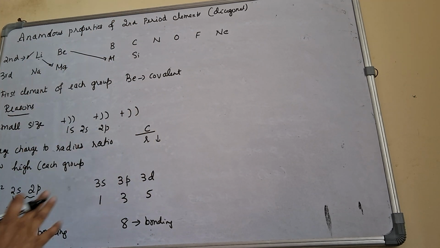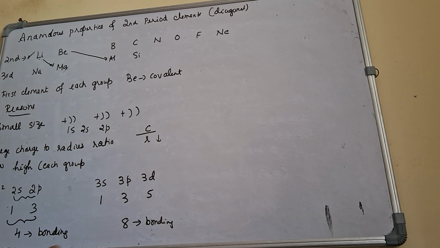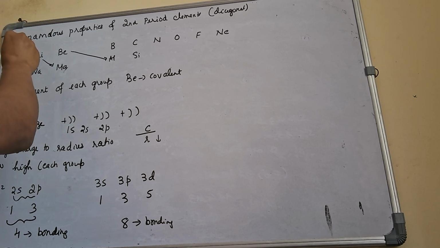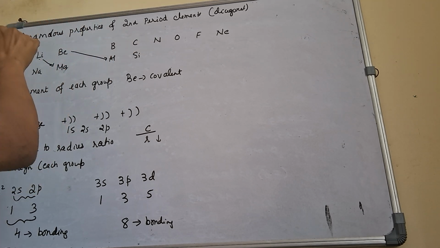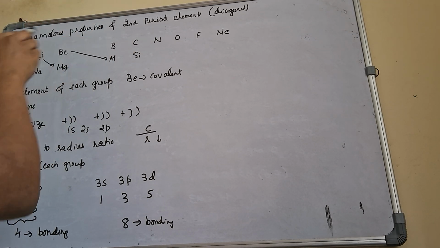Now this exact thing, like I mentioned, is a little unclear at this stage because you'll have to know about what is bonding and all that, which you will study in the next chapter. Alright, so for now only the reasons are important why the second period elements, or in other words the first member of each group, are different, and there is a diagonal relationship.